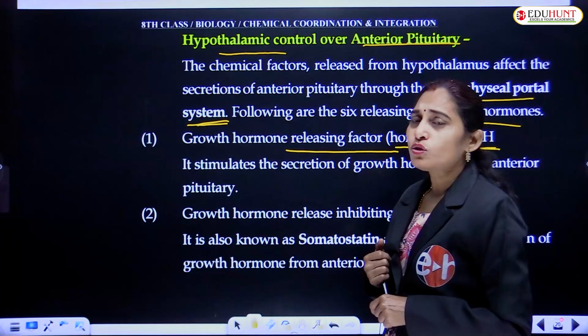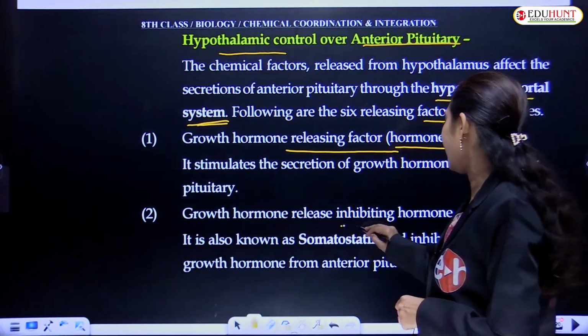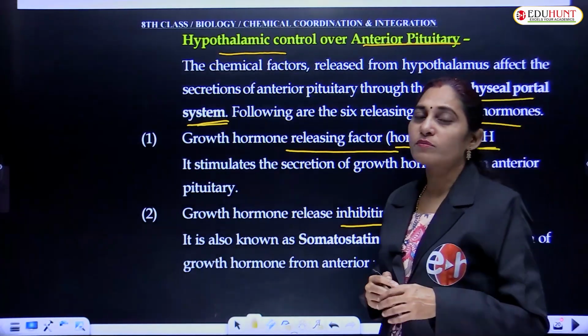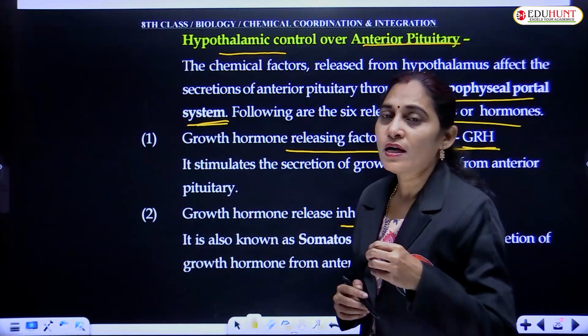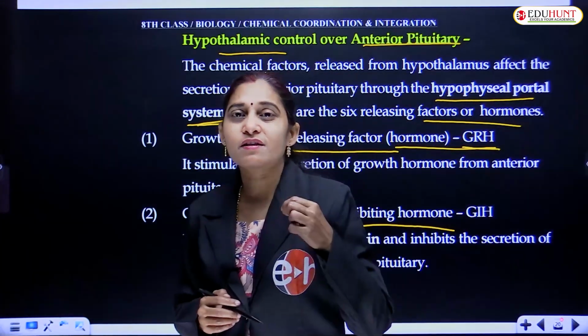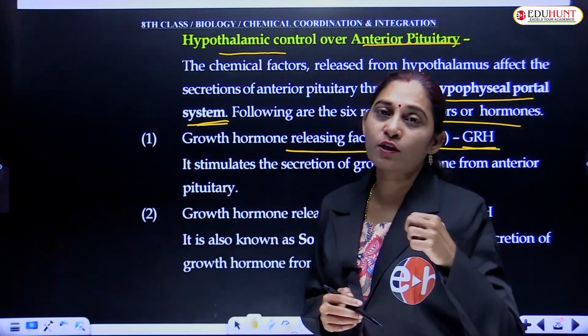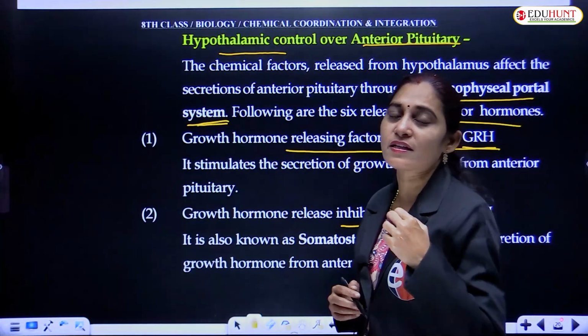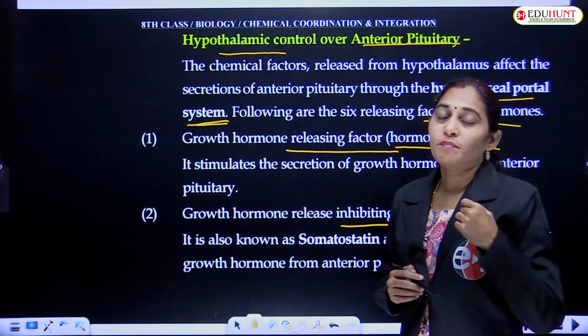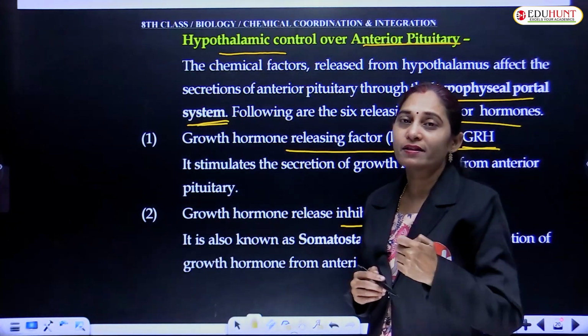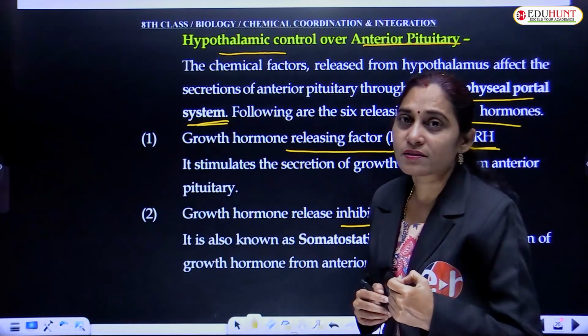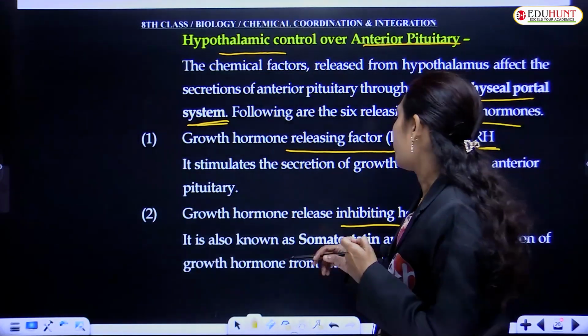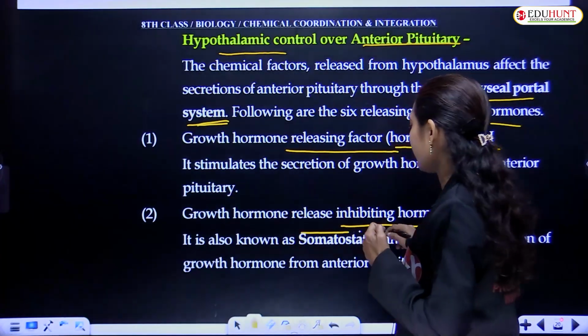Then growth hormone release inhibiting hormone. This hormone inhibits the release of growth hormone. Though the growth hormone gets synthesized in the pituitary gland, it is not released because of the influence of this inhibitory factor.